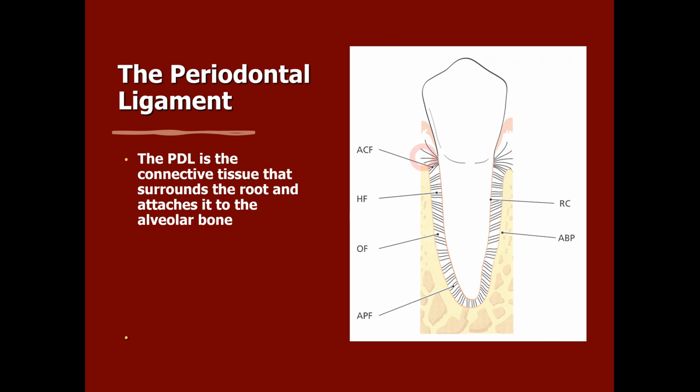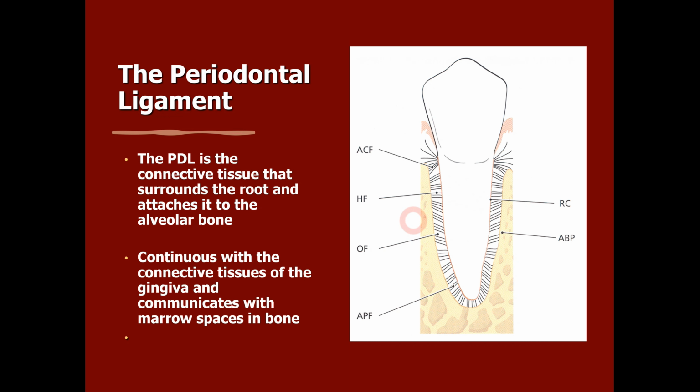You can appreciate these different types of fibers, which we'll discuss in detail in future videos because these fibers are really important. Collectively they form the periodontal ligament, which attaches the tooth to the alveolar bone. This periodontal ligament is continuous with the gingiva and it freely communicates with the bone marrow spaces. This is the basic concept you should know for now about periodontal ligament.